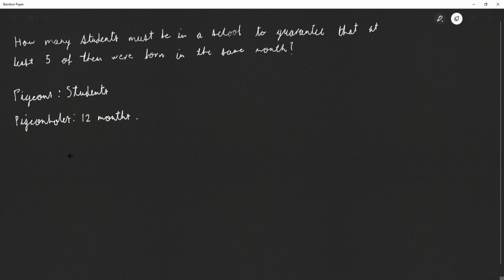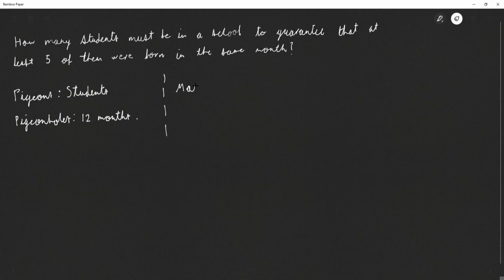So the first thing we're going to do is max out how many students we can have if no month has 5 students. So here each month can have at most 4 students.